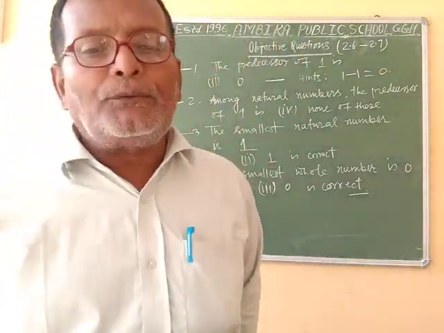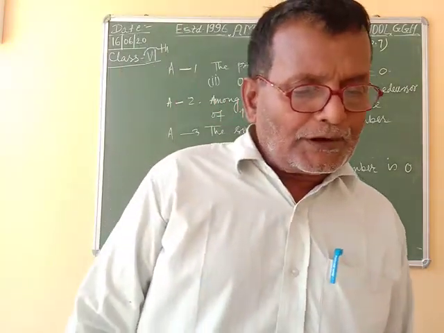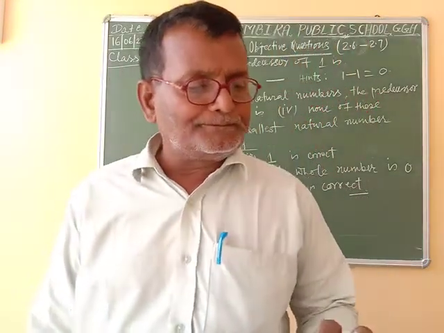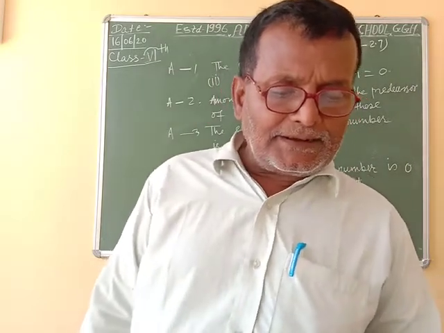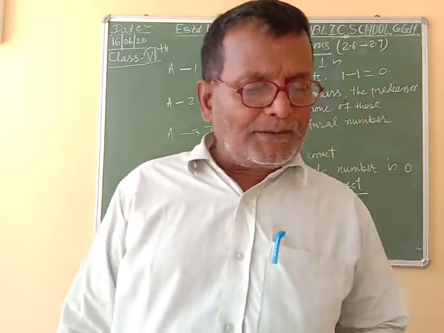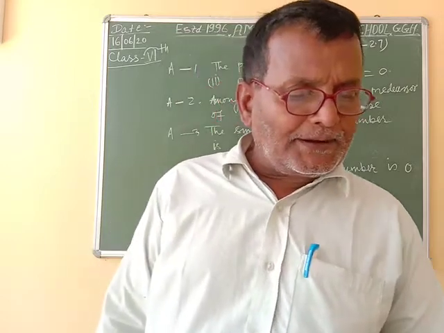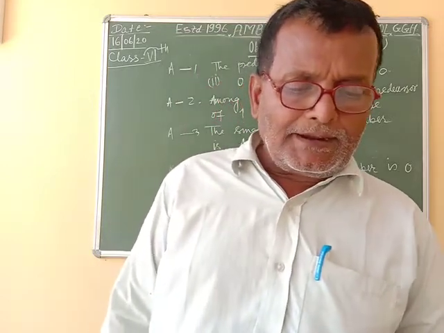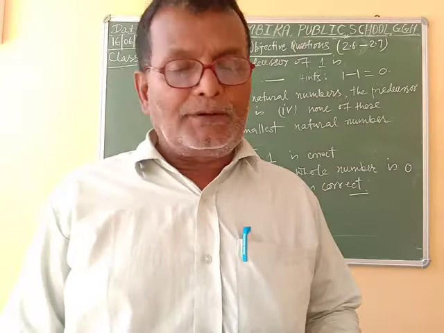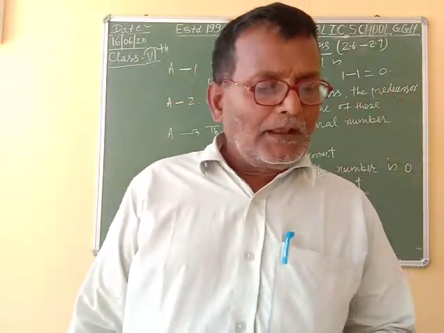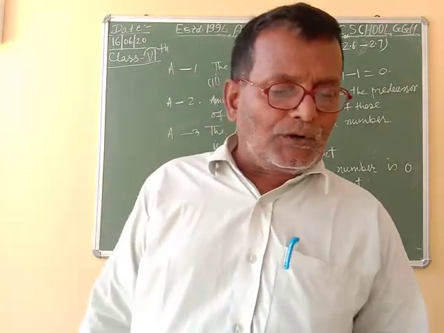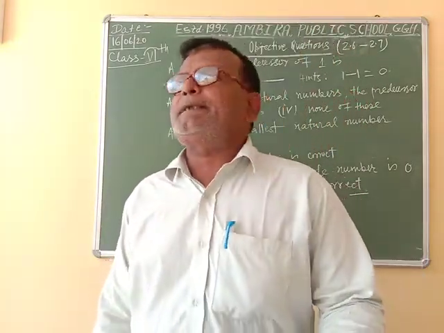The product of a non-zero whole number and its successor is necessarily an odd number, an even number, divisible by 3, divisible by 4. In question number 5, the product of a non-zero whole number and its successor.